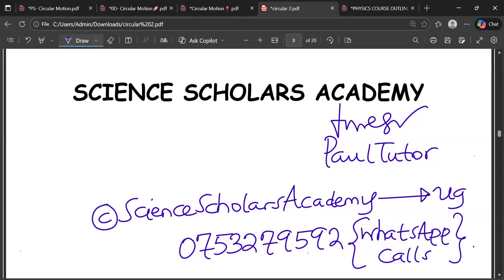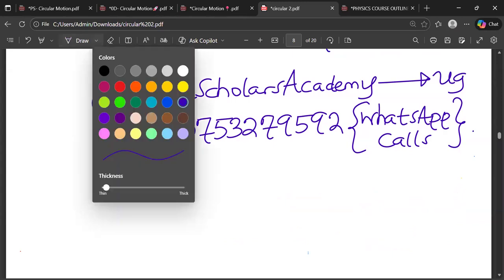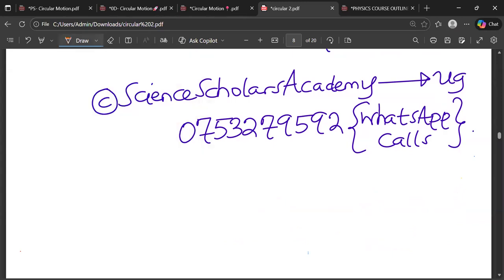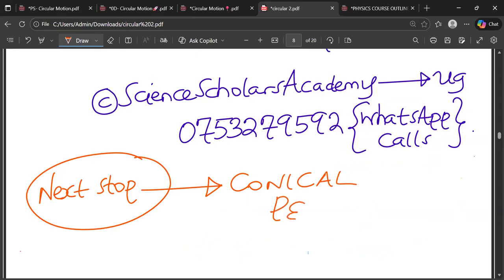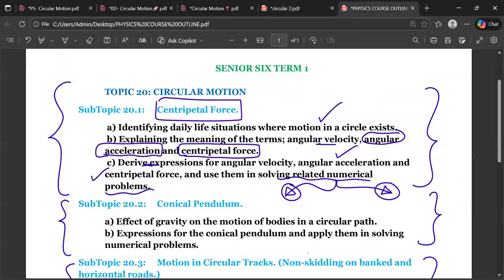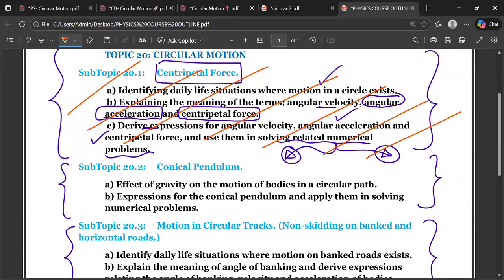So our next stop, I've said, is the conical pendulum, the complex motion in the horizontal circle. I'll get back to the syllabus book and say bye-bye, centripetal force. The next thing is the conical pendulum, and I want us to do it this week.